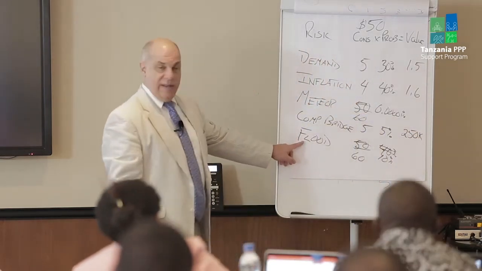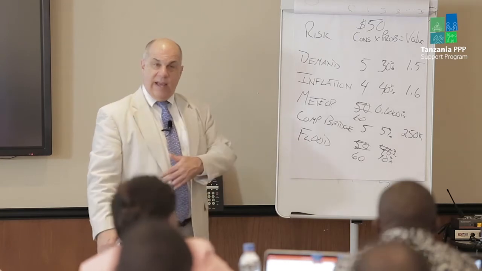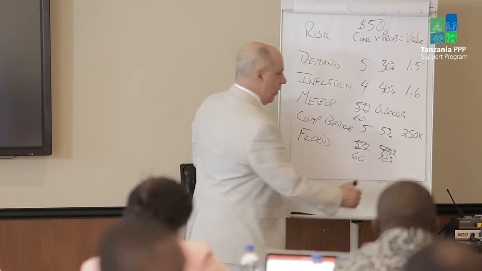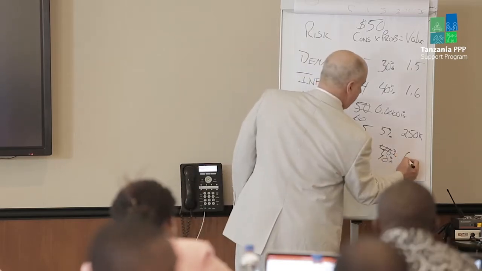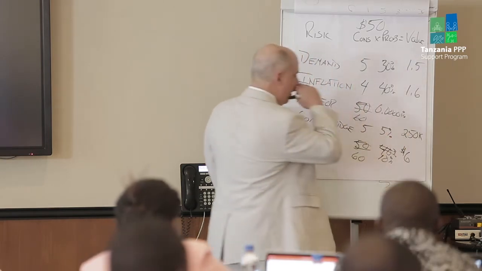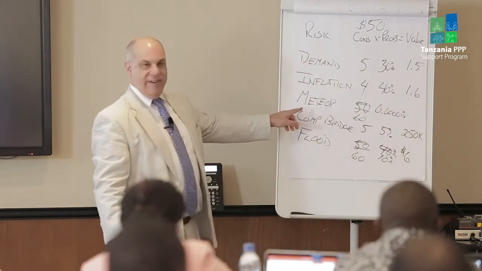If there's a flood that knocks down the bridge, puts the bridge out of commission, the consequence is 6 million. Okay? Anybody have a calculator?